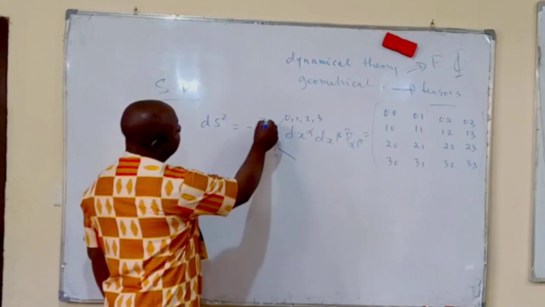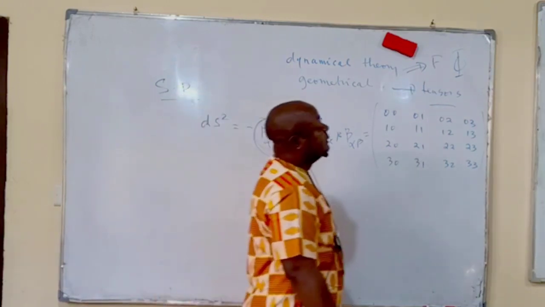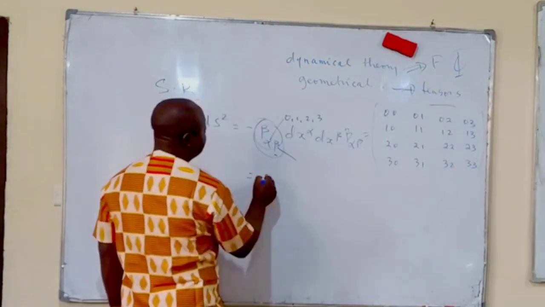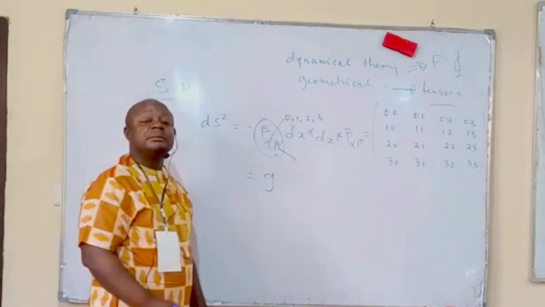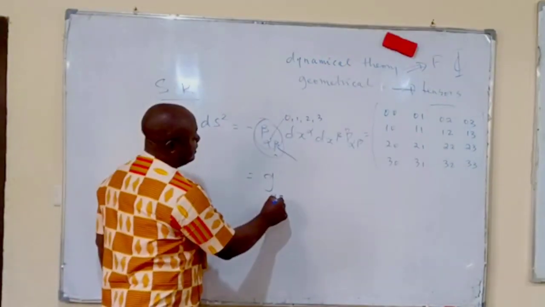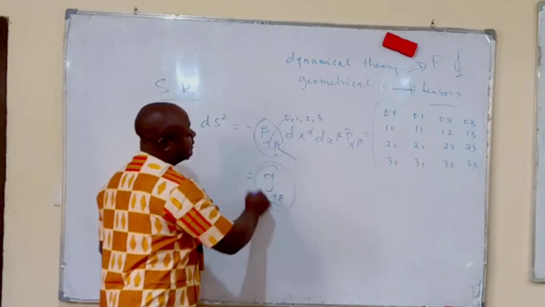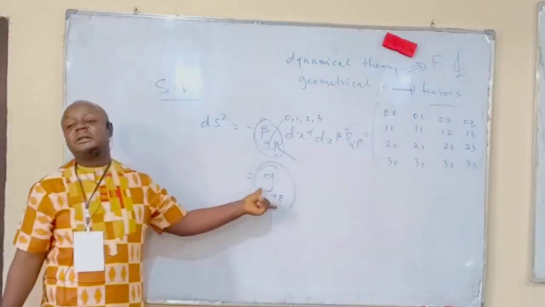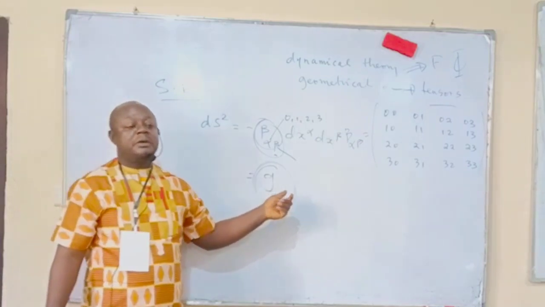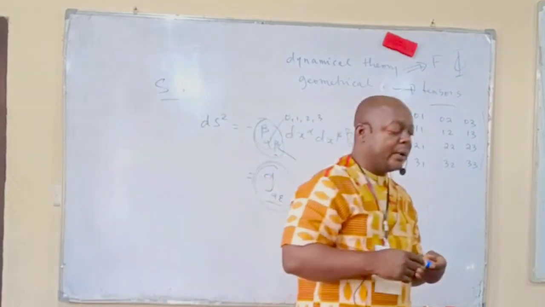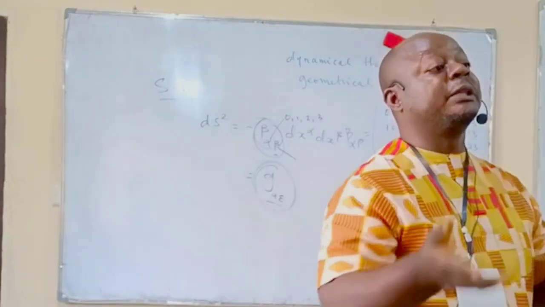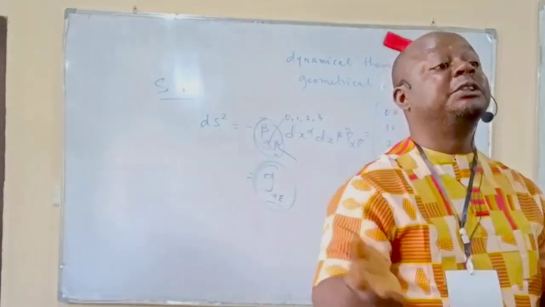And the difference between that of general relativity and special relativity is just the G. And actually the G is what carries the information about the gravitational field. If you remember your classical mechanics very well, you will recall that once you have the potential, you can get all the information about the field.